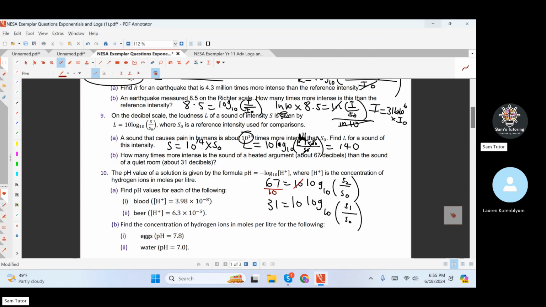Okay, 67 over 10 is 6.7, or whatever that becomes, ln of S2 over S0 over ln of 10. Bring the ln 10 over. And then we get whatever that becomes. And then you guys should have something like this: S2 over S0. Do you guys have it as a decimal or an exact form? Do we have it at all yet? Stuck? Where are you stuck?